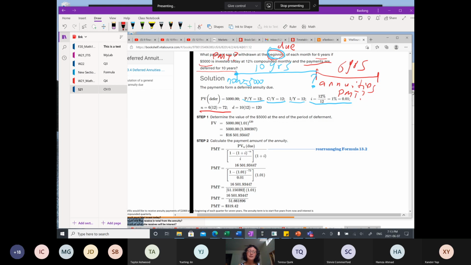For the deferred, we use deferment D equal to 10 years, but 1 year has 12 months, so D equal to 120.